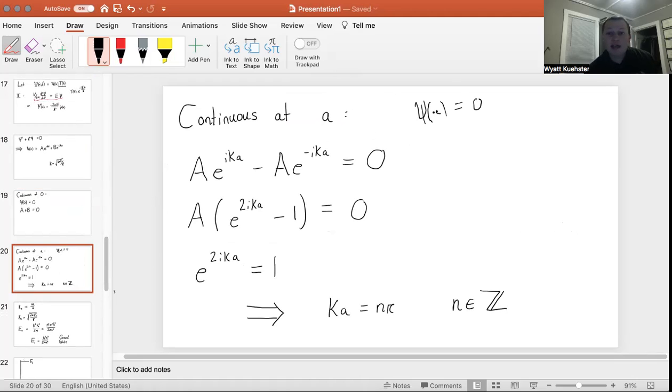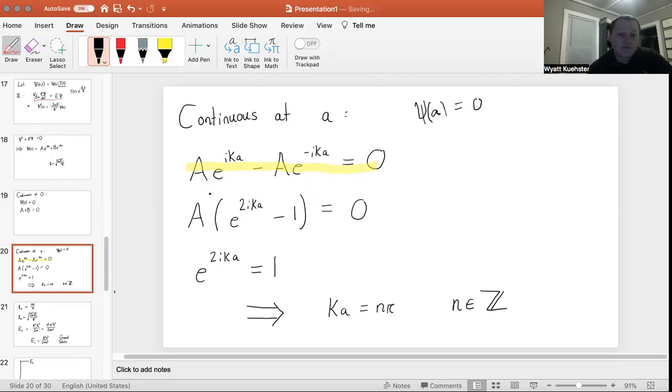Okay, so that's easy. If I replace B with minus A, I can also impose the condition that it's continuous at a, which means psi of a should be 0. That tells us A e to the ika minus A e to the minus ika should be 0. If I multiply both sides by e to the ika and factor out a big A, one term becomes e to the 2ika, and the other becomes 1.